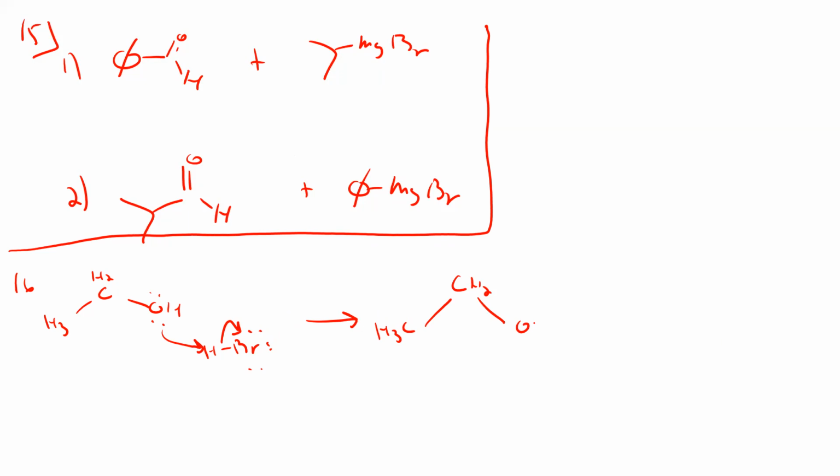Now we have water. Water is an excellent leaving group so that bromine can come in for an SN2 type reaction, and it's gone. And we have the alkyl bromide.